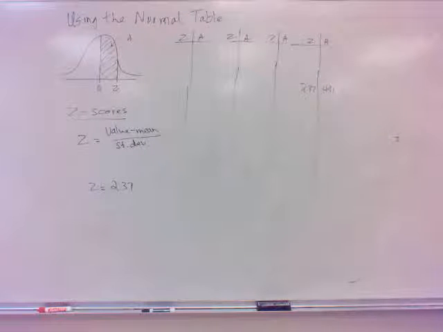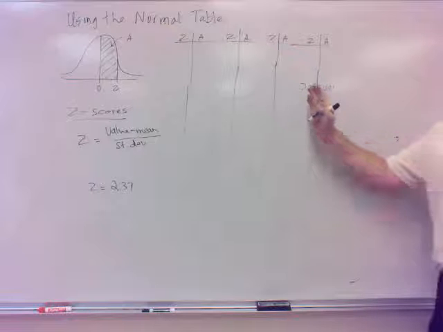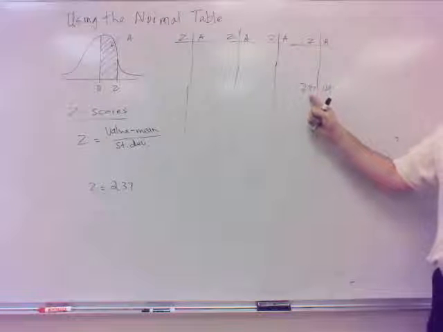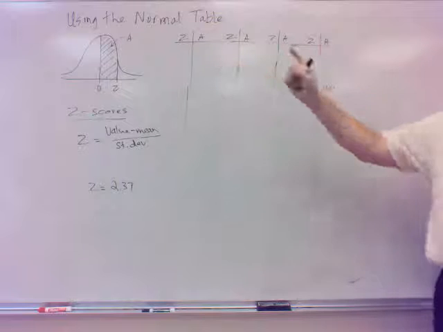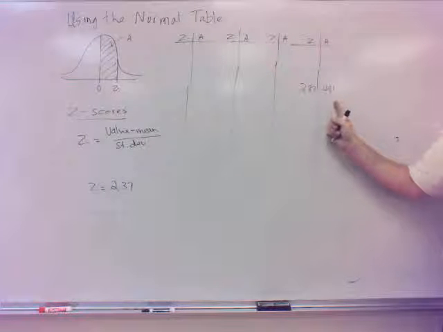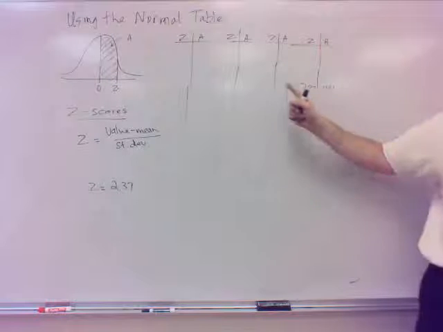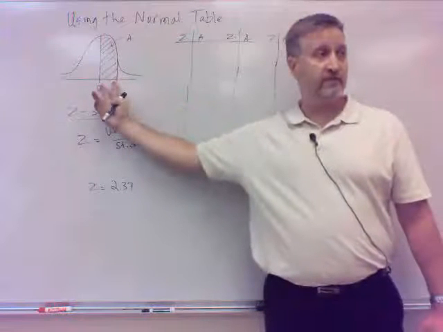So that would mean between that value, which has a z-score of 2.37, and the mean, you have 0.491, or 49.1% of the values are between it and the mean.